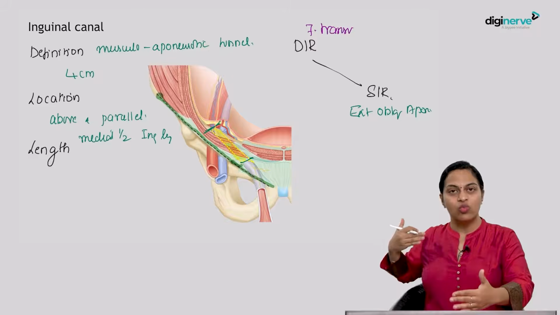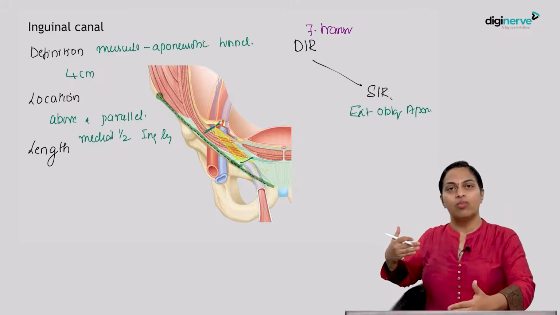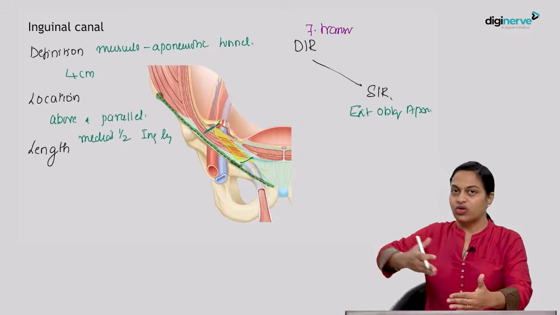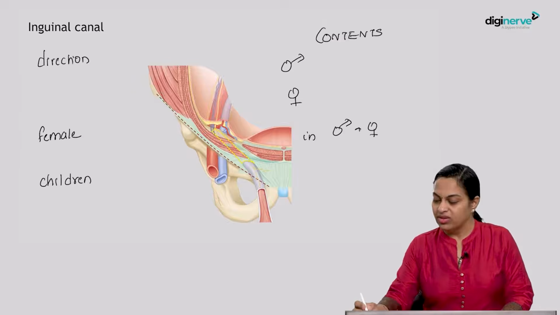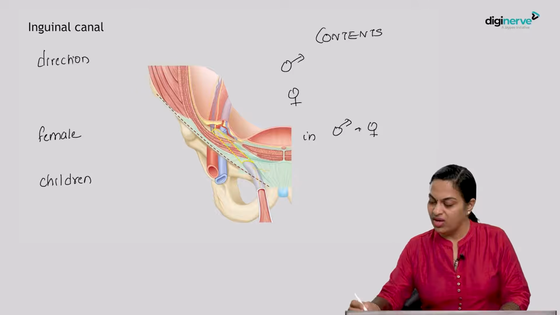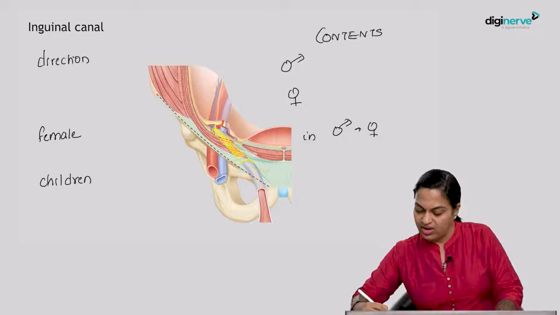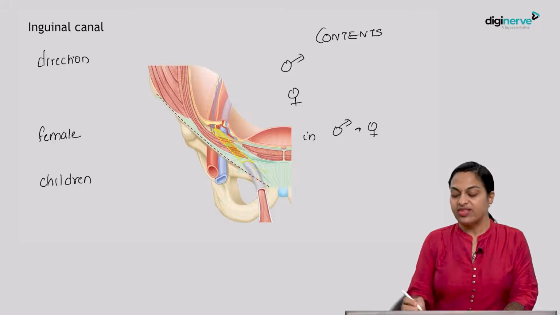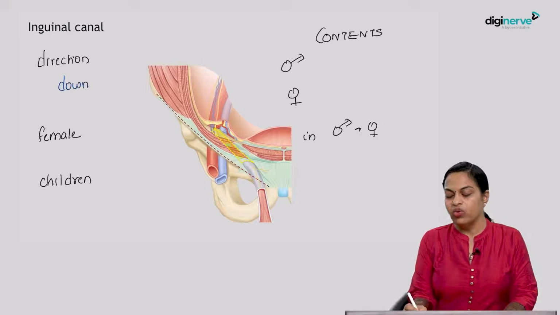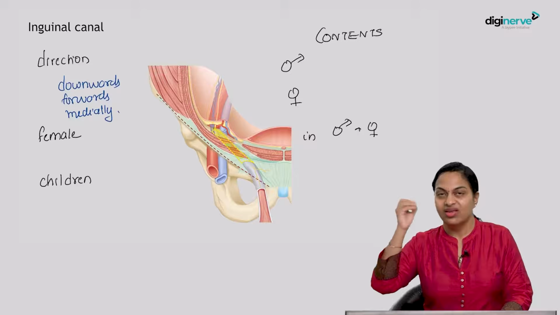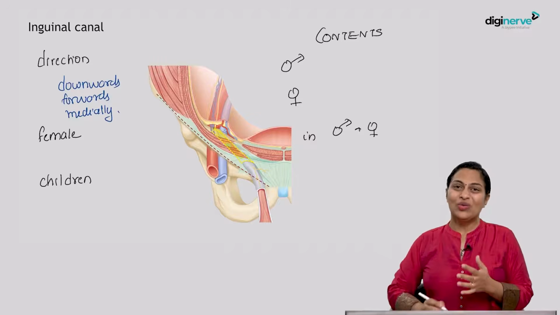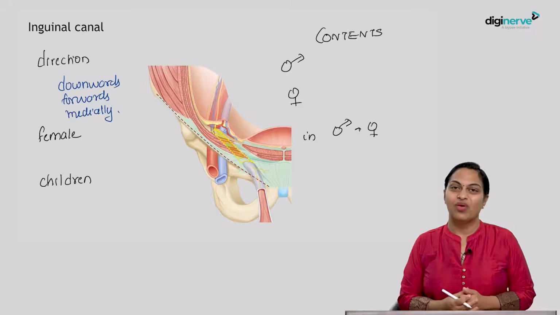Fascia transversalis is more inner and the external oblique aponeurosis is more superficial. So it is oblique and across. The direction of the inguinal canal is oblique: downwards, forwards, and medially.